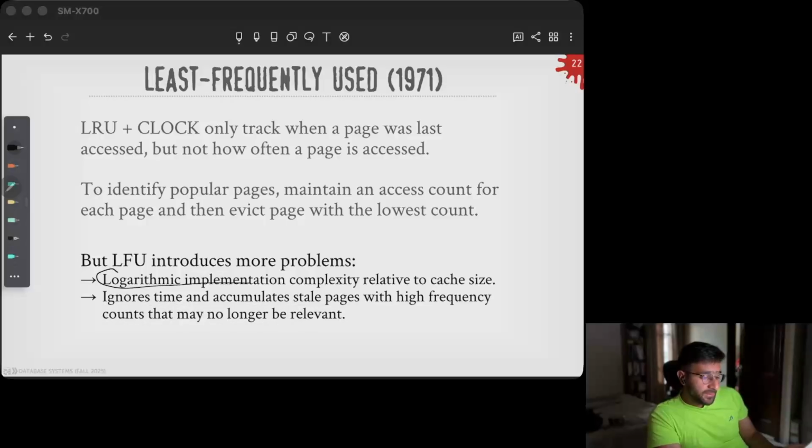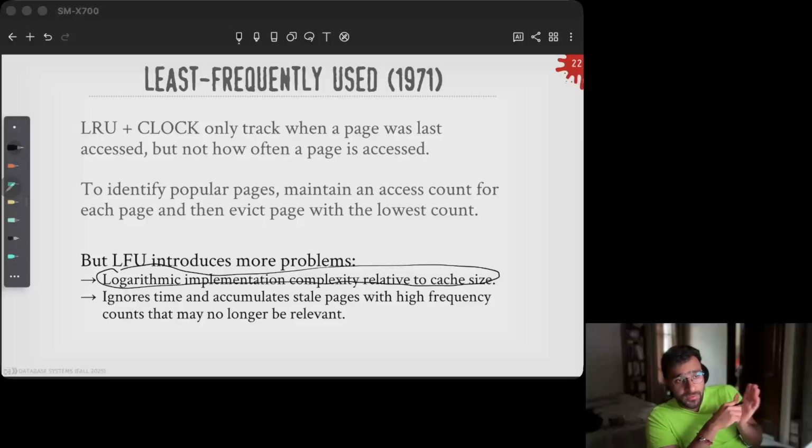The very first thing is the implementation complexity. We said that we are maintaining access counts for pages, but when we need to evict, we also need to find the minimum, the page which has the minimum number of accesses.